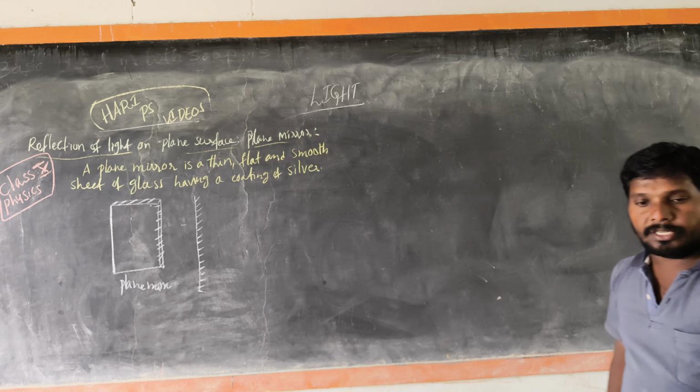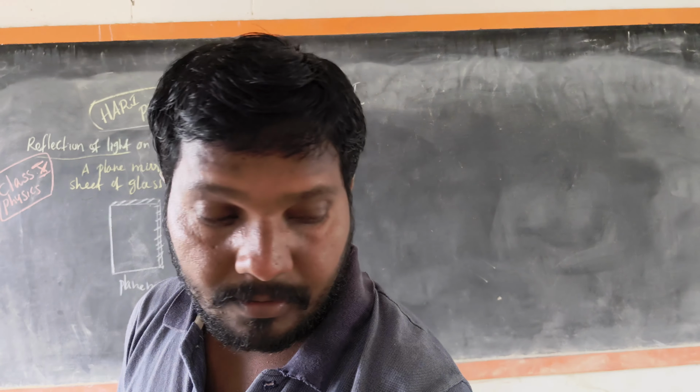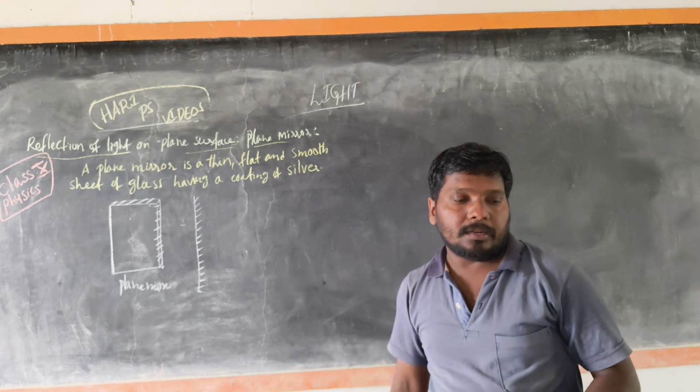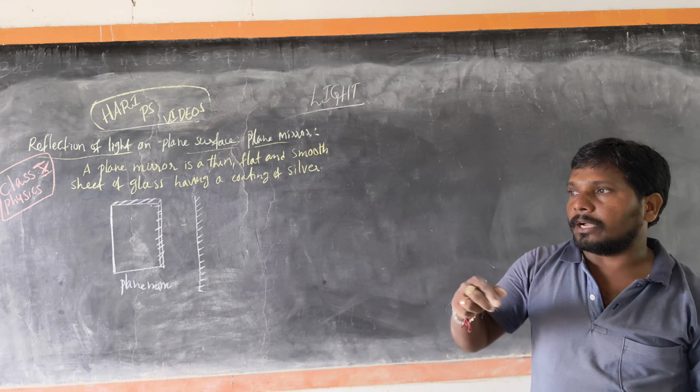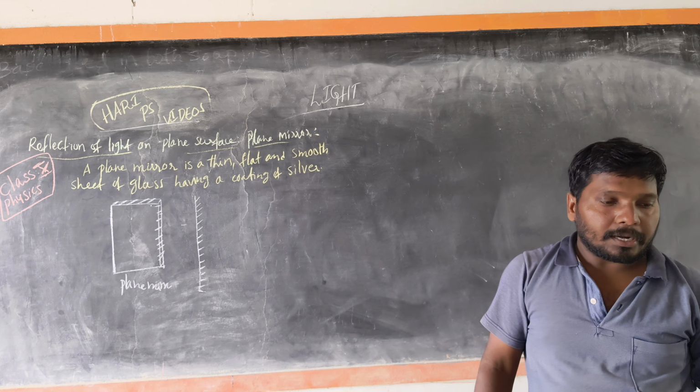Then the silver layer is protected by a coating of some other red color or red paint.